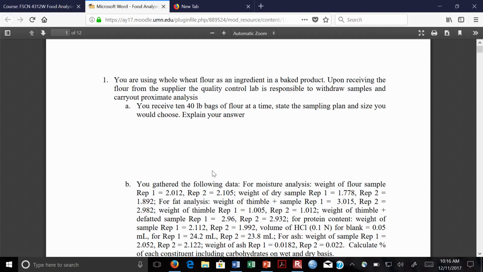For ash, it's the muffle furnace, very simple. You combust the sample at high temperature, 500 degrees C, and then you weigh the residue, which would be the ash. For iron, you would want to describe atomic absorption.